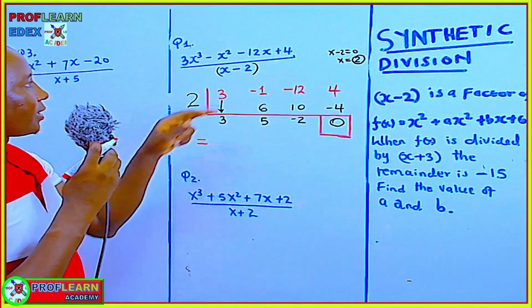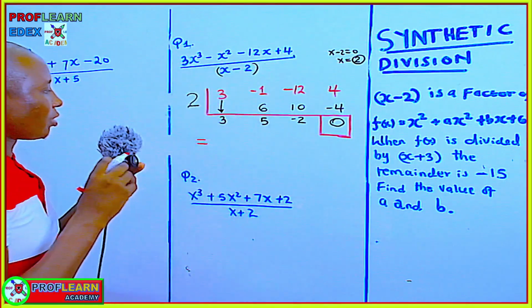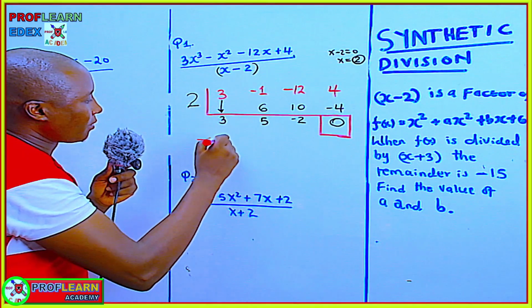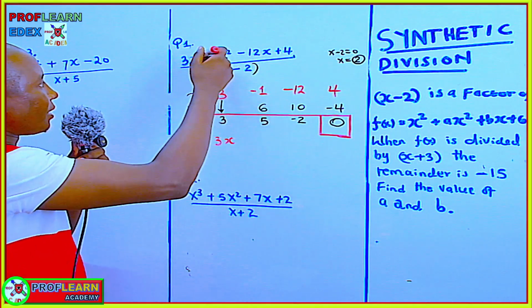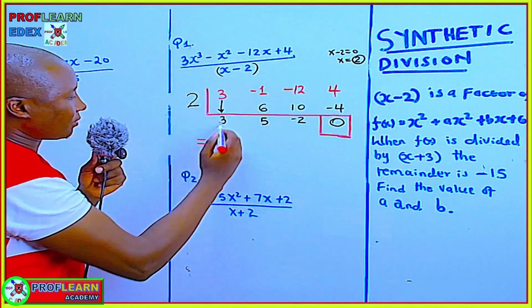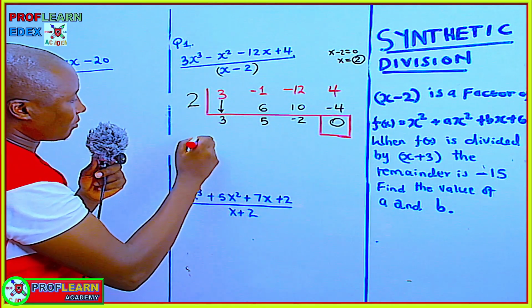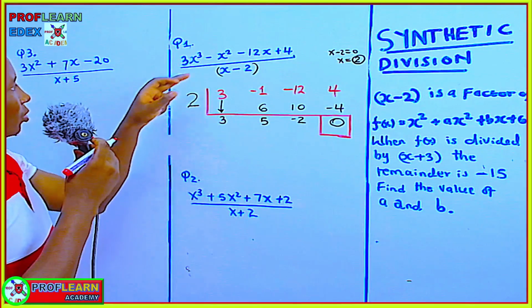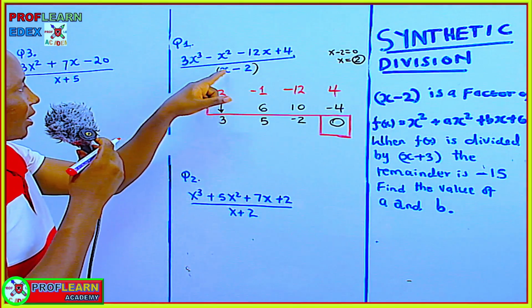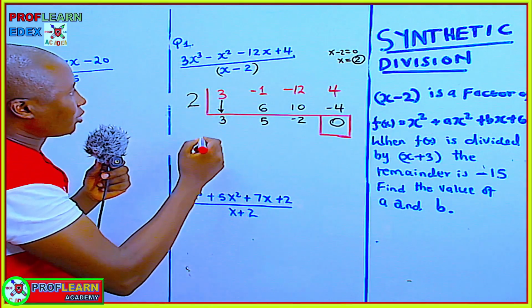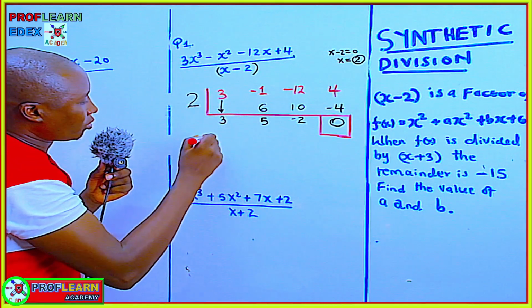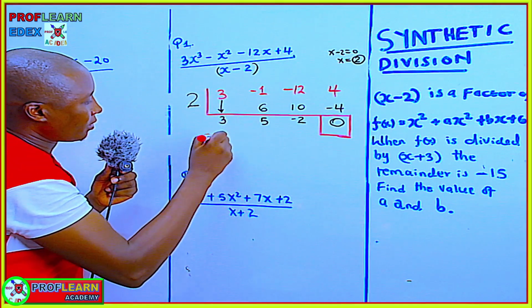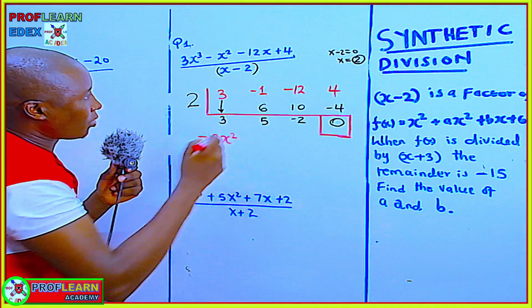If you are asked to state the answer you get when you divide this, you are going to ask yourself, what is x cubed divided by x? X squared. So we are going to say our answer is going to be 3x squared.